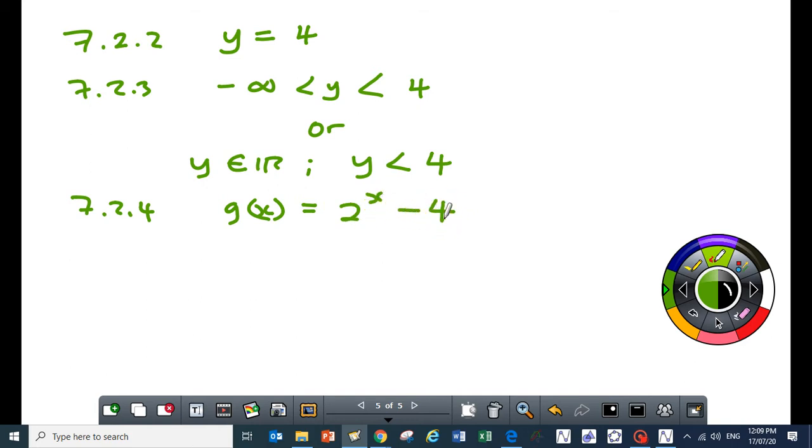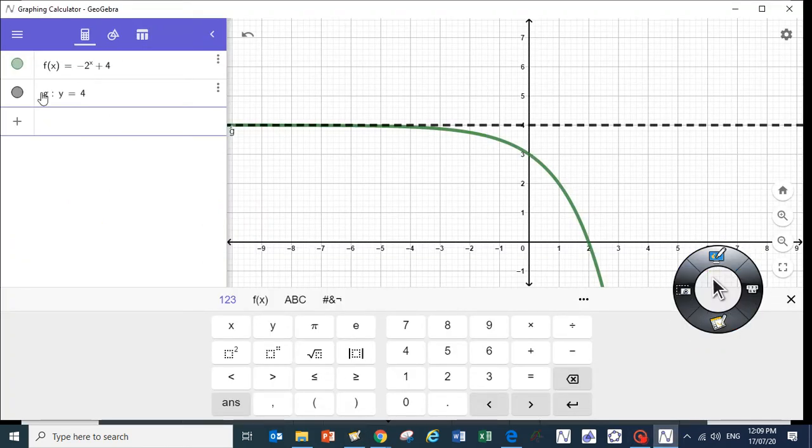Now let's sketch that so that we can analyze it. I'm just going to call it h of x because of this g here. I hope you can understand. I have got a g already, y equal to 4 based on the software, which is called the equation of the asymptote g. So I'm going to introduce h, but you need to know that h is our g, the equation that we are dealing with.